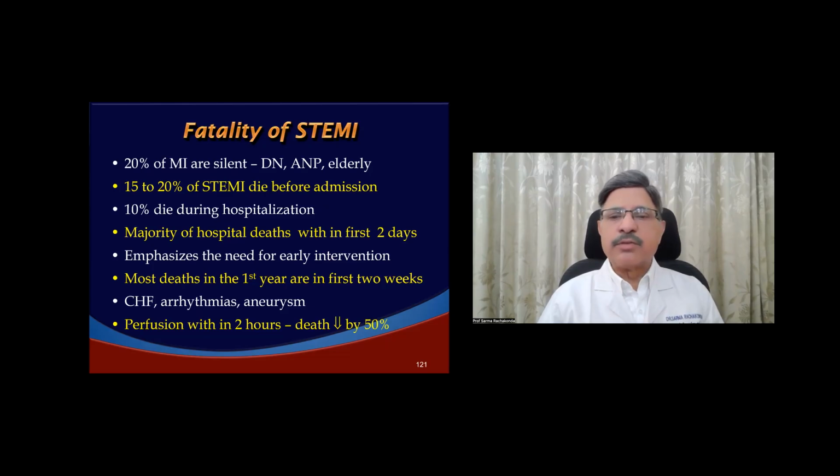Most deaths in the first year occur in the first 2 weeks of infarction. CHF, arrhythmias or aneurysms increase the fatality. With reperfusion within 2 hours, death is reduced by 50%. To recap: 20% of people don't present with pain, 15 to 20% die before admission, 10% die in the hospital, with maximum mortality in the first 2 days.